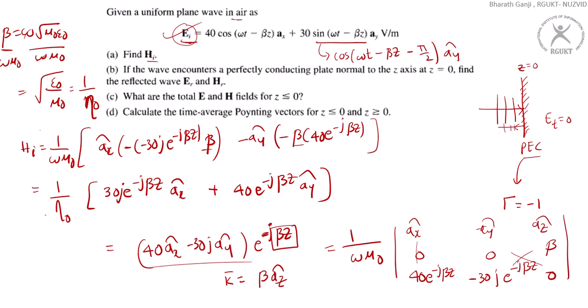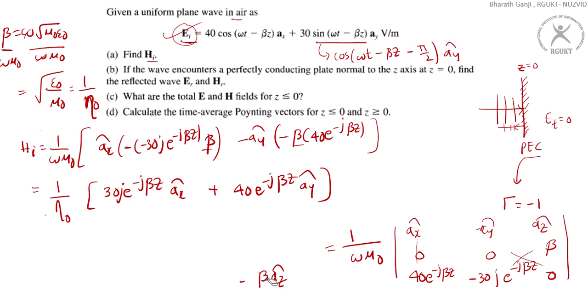Of course, we had it in phasor format, and you can always convert it back into the time domain. How do I do it? You just multiply this whole thing with e power j omega t. Because there is 30 and 40 here, it's better to write eta naught as 120 pi.